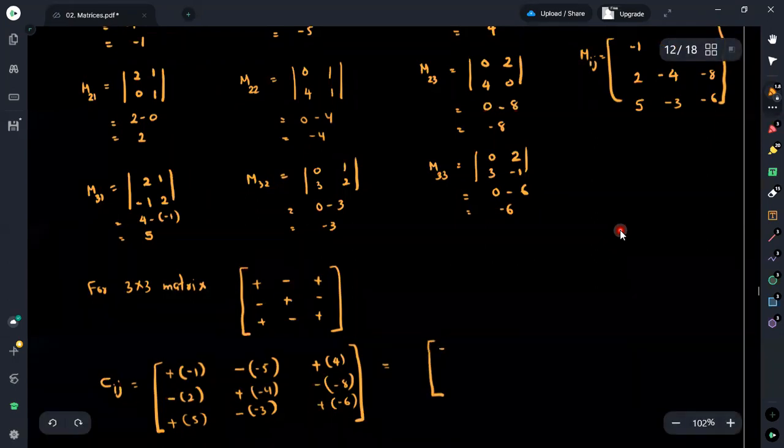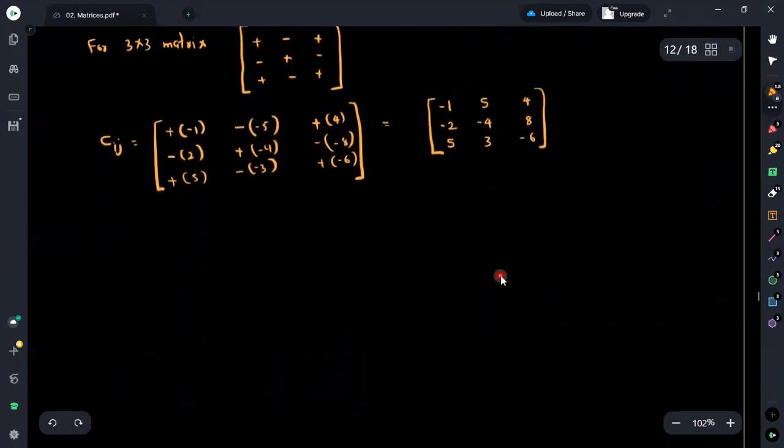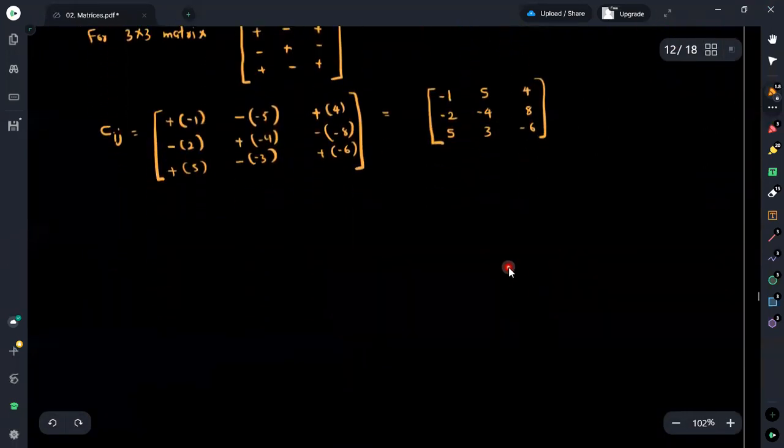And this leads to the cofactor matrix. Here we'll get the values as minus 1, plus 5, plus 4, minus 2, minus 4 and plus 8, plus 5, plus 3 and minus 4, and this is the matrix which includes the cofactors. Now we have to obtain the adjoint matrix.